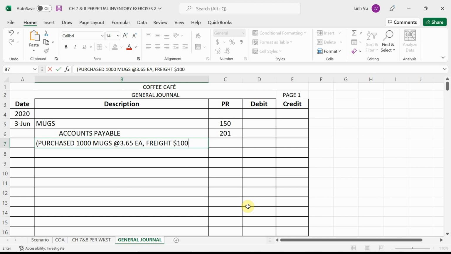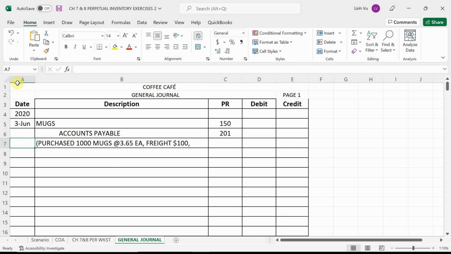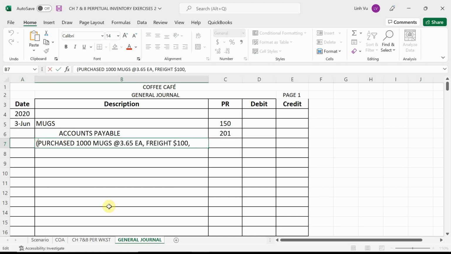We already know it's on an account, so we have to say Cuppies Co. Purchase 1,000 mugs at $3.65 each with a freight of $100, and we placed it on an account, which they said we'll get a 5% discount if we pay within 15 days. If not, the entire thing is due in 30.